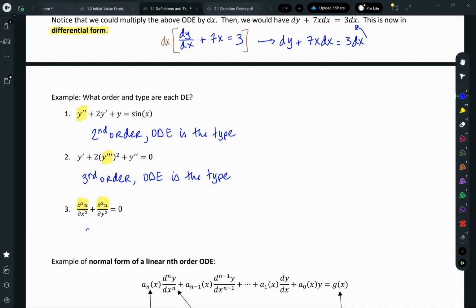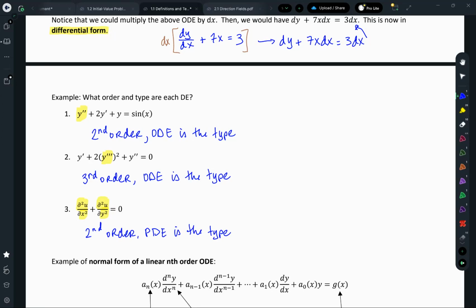So this is a second order problem. But for the type, let's look at the denominators. I see x² and I see y². There are two independent variables, and so this has to be a partial differential equation. That is the type.